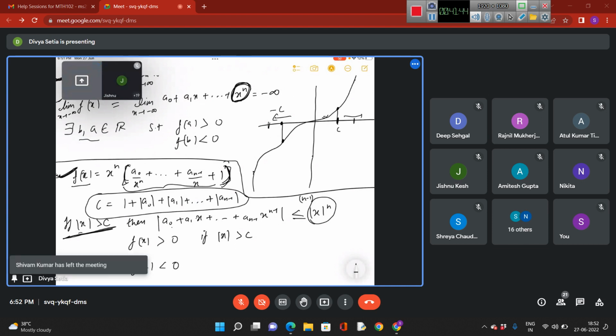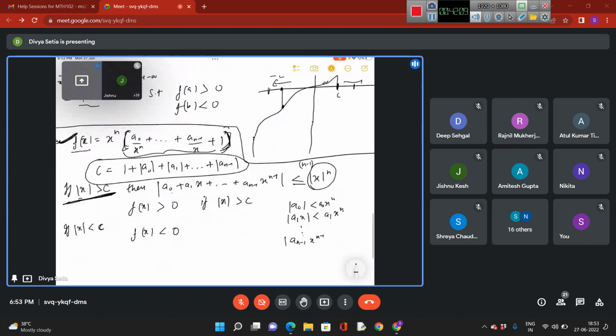If your modulus is greater than some number c, that means mod a0 is less than x raised to power n, mod a1x is less than x raised to power n, and mod a(n-1)x^(n-1) is less than x^n, right?